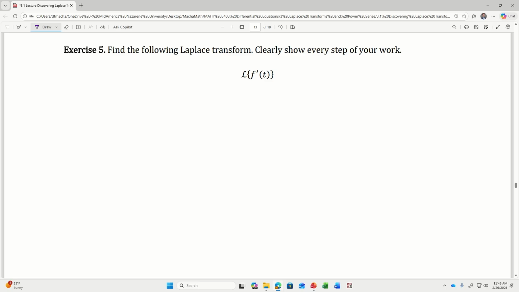We've done a lot of different functions that you might see appear as the non-homogeneous term in an ODE, like functions like t to the n and e to the t and sine and cosine and stuff. Now, what we talked about is the real magic of Laplace transforms is we can solve ODEs. So we have to be able to take Laplace transforms of the derivative of a function.